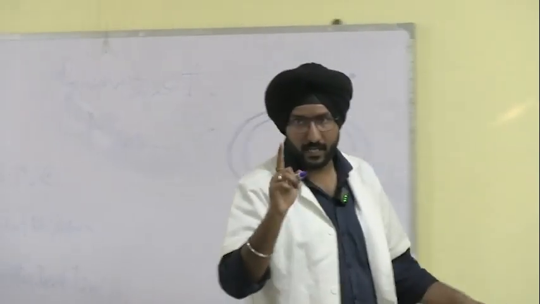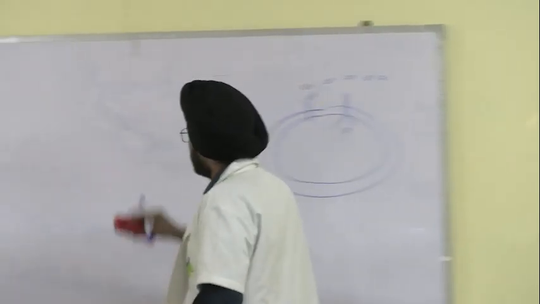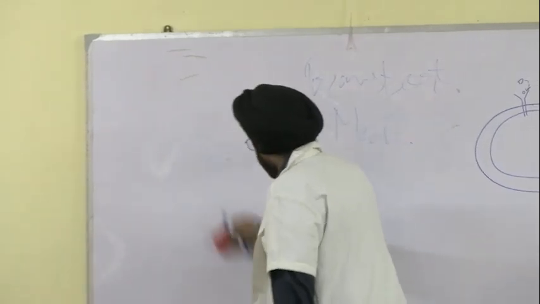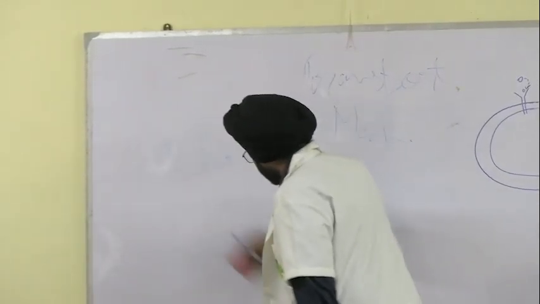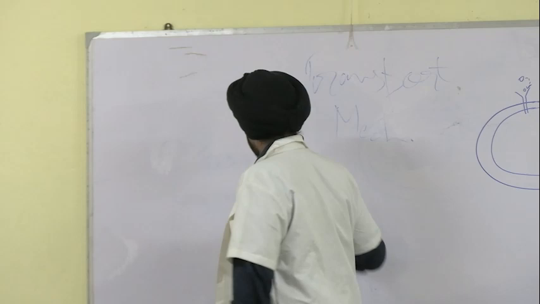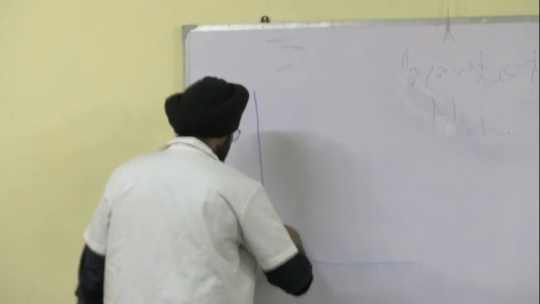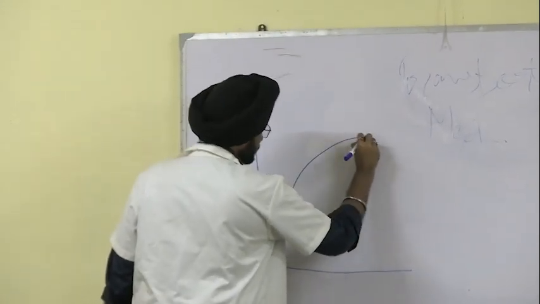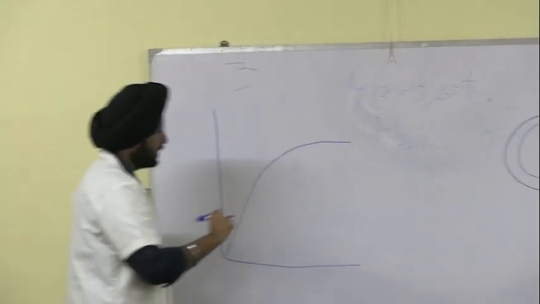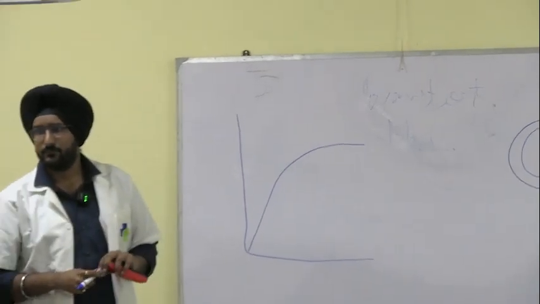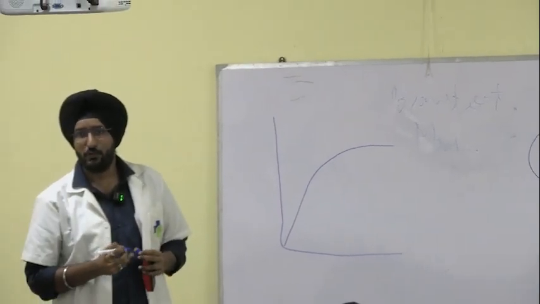If you plot a graph of the rate of facilitated diffusion, there is one very interesting thing. Why does this graph plateau out? Saturation of what?